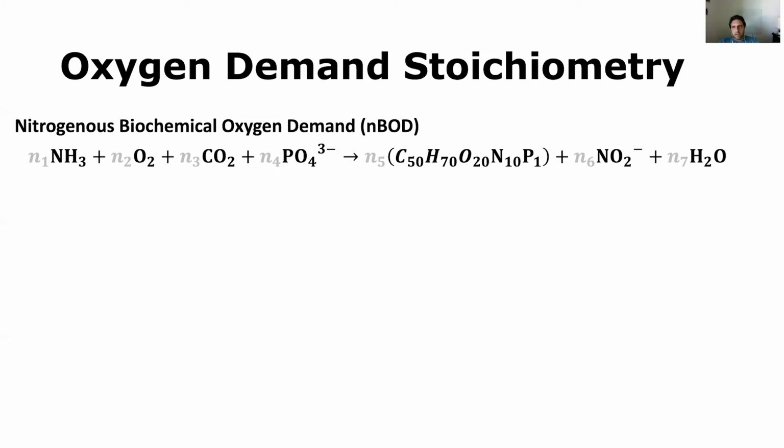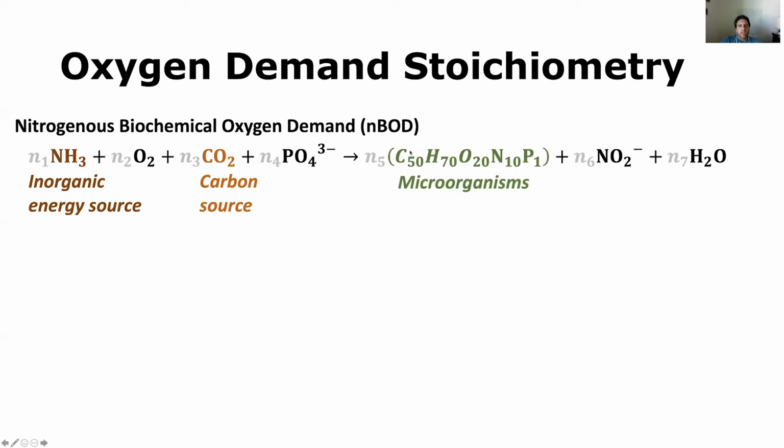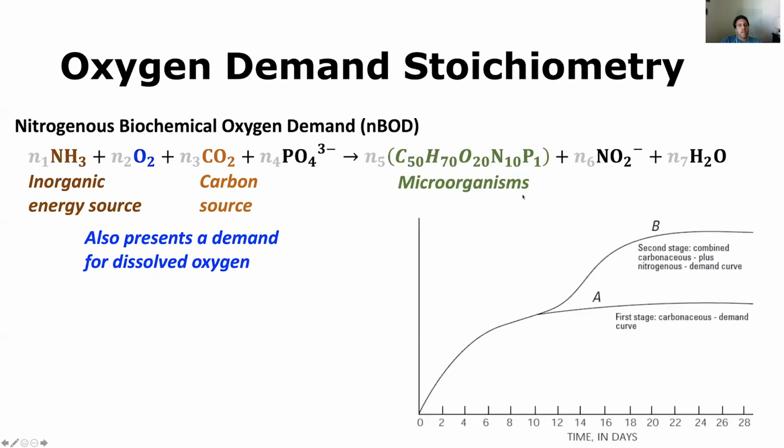However, like in the previous example, this is not a surrogate measurement for organic matter, because you can see this particular microbial group utilizes an inorganic form of nitrogen as the energy source. All right, so you've got the inorganic energy source, you've got a carbon source because these microorganisms need to fix carbon in order to replicate, and they produce microbial biomass. They also present a demand for dissolved oxygen.